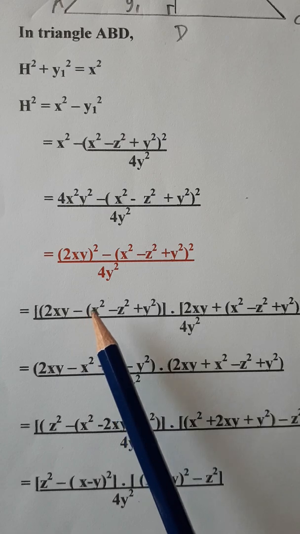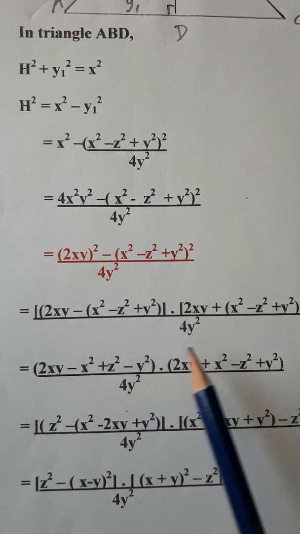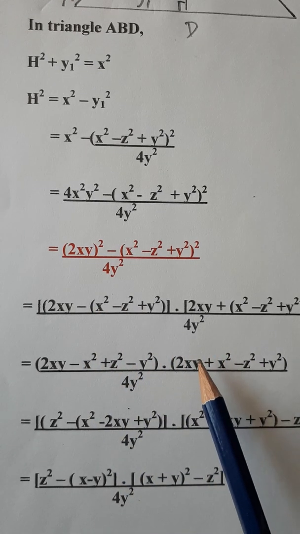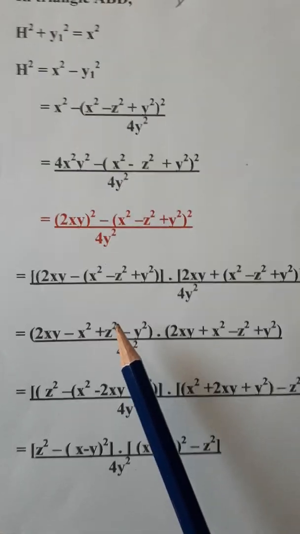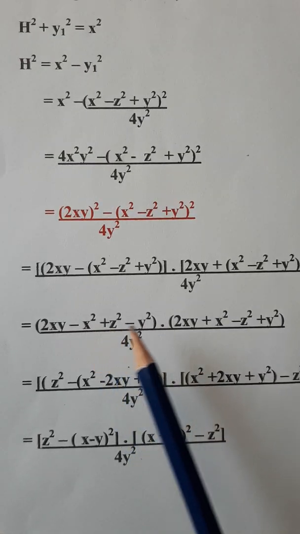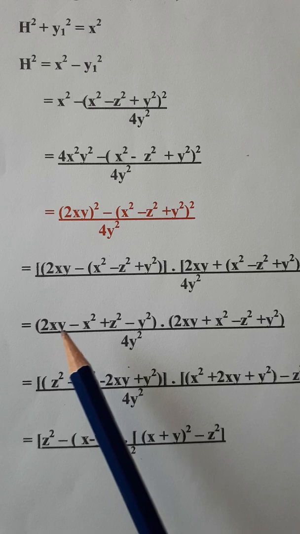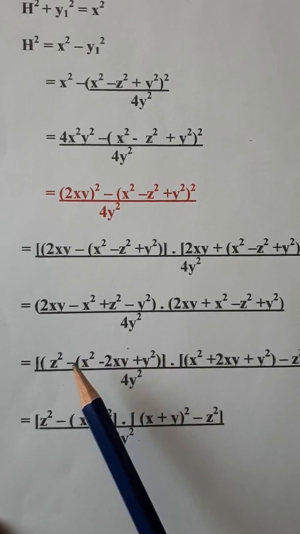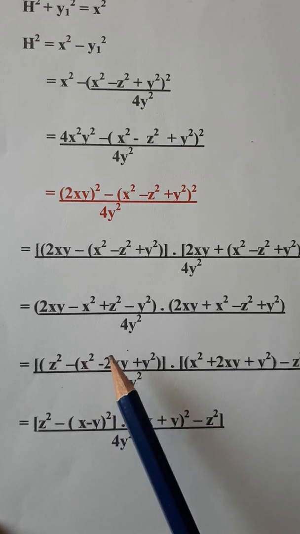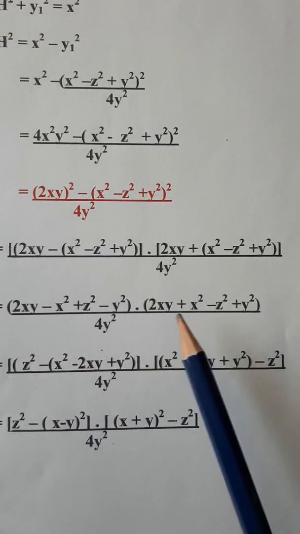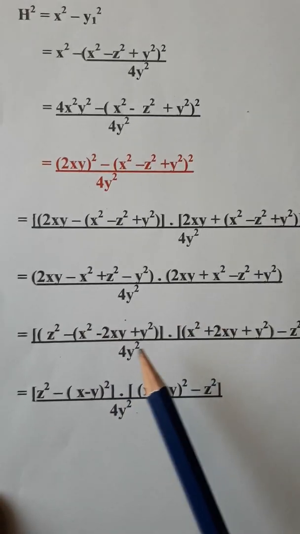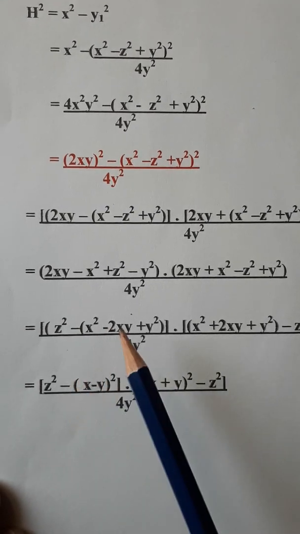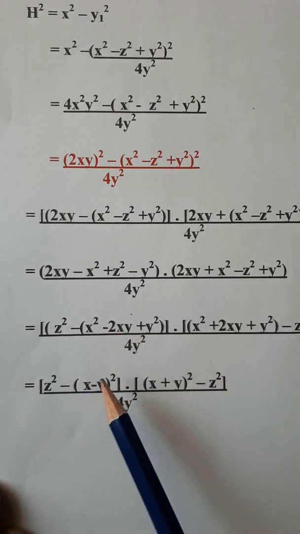And here you open the brackets. And then you can see the terms x squared, y squared and xy. So you put them together with the bracket, rearranging the terms. Here also the same thing. Because we know that this part becomes (x minus y) squared.